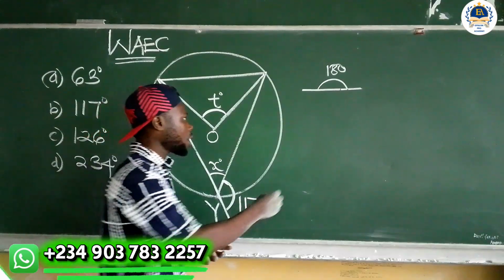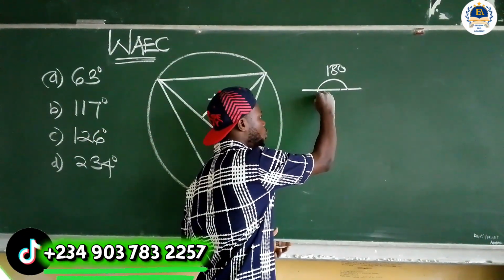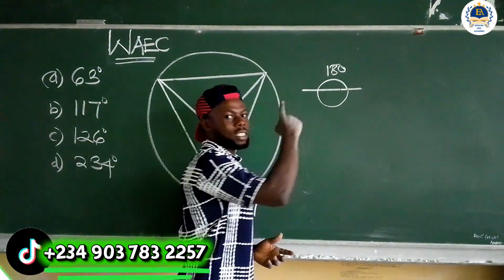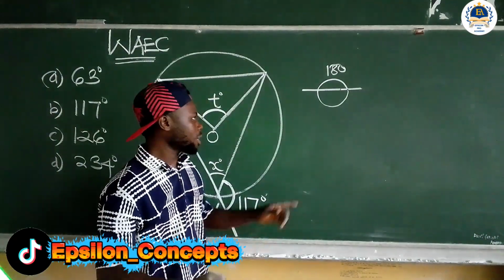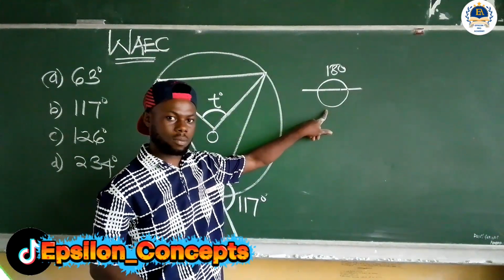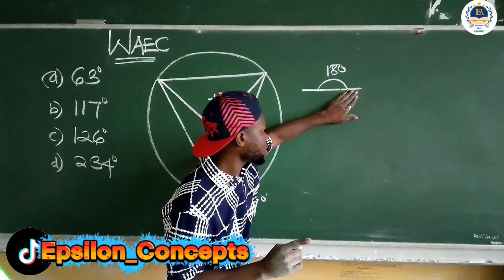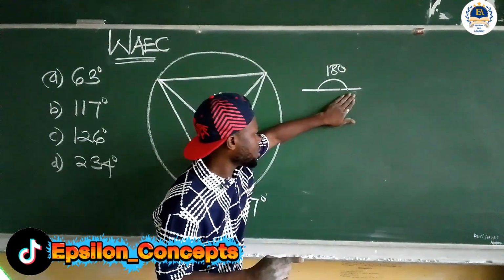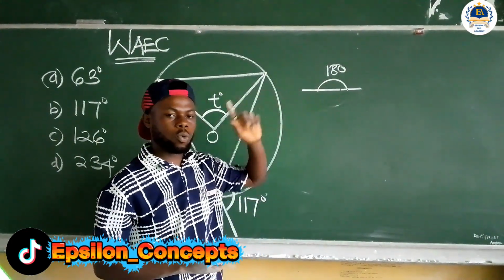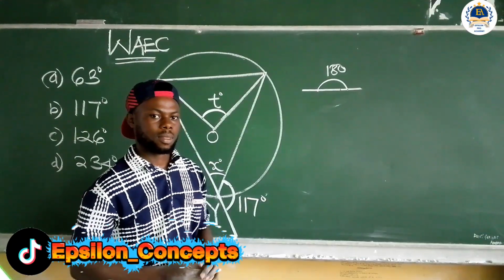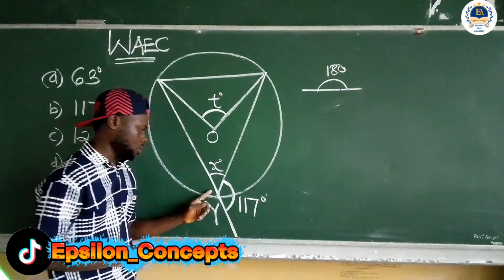That is the reason when we have a complete circle or one revolution, we say that it is 360 degrees. That is 180 plus 180. But considering one side, we can say that in a straight line, the sum of angles is 180 degrees. Let's bring the knowledge over to this.